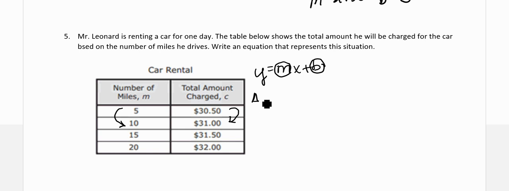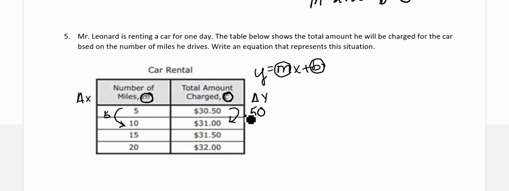Okay, so the change in my y value. And notice this time they're actually using C for y, which is fine, is 50 cents, so 0.5 or 0.50 in this case. And then the number of miles increase, or the change in my x, which is m in this case, is 5.